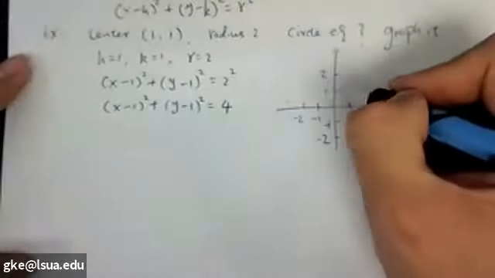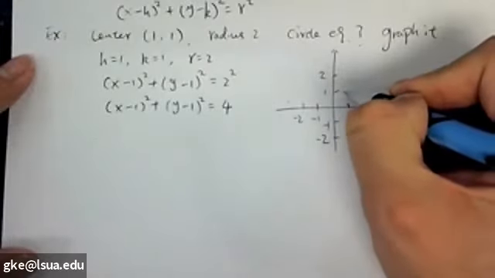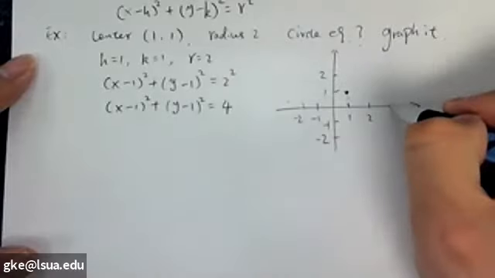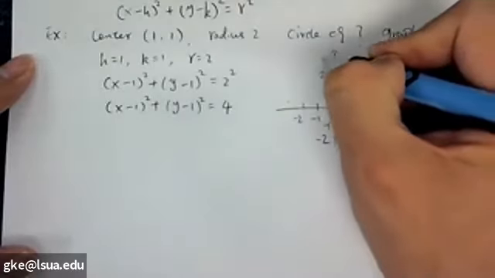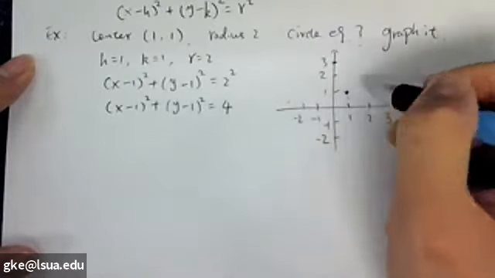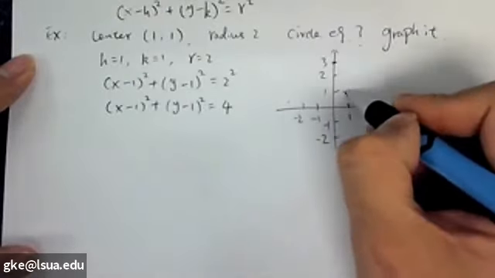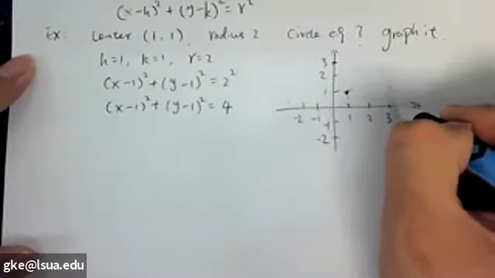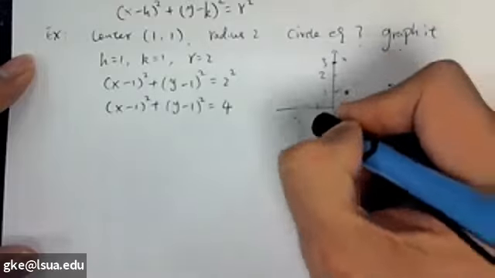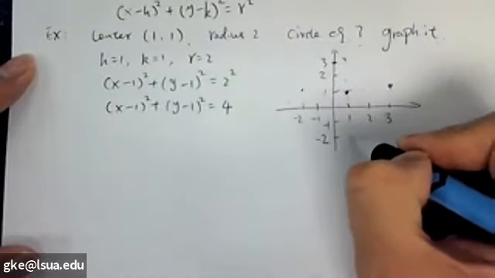And the 1, 1 is going to be the center, it's here, and you're gonna draw the radius. So here's 2, here's a 2, here's a 2.